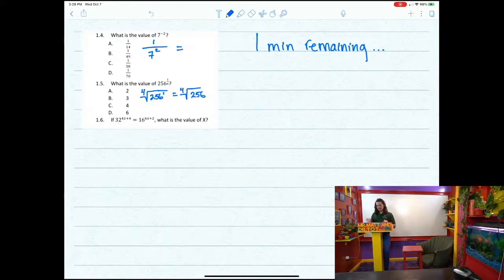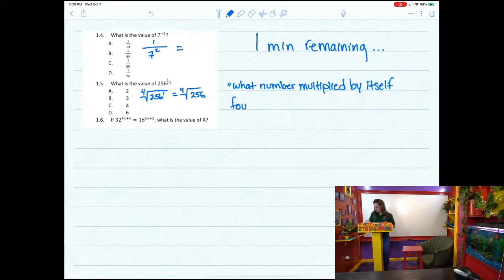What that really is asking, logically, is what number multiplied by itself four times is 256.